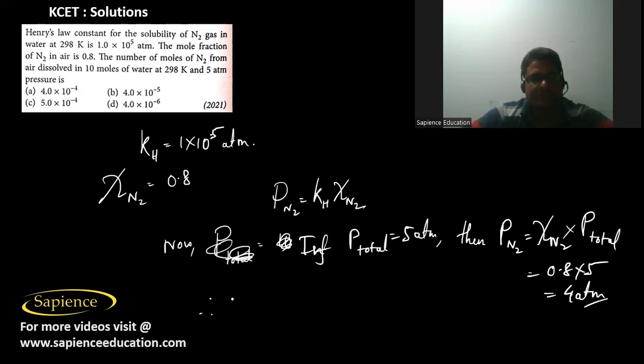Now therefore, 4 atmosphere is the partial pressure of N2, equal to kh, that is 10 power 5 atmosphere, into chi of N2.